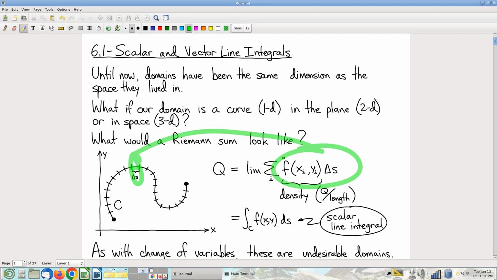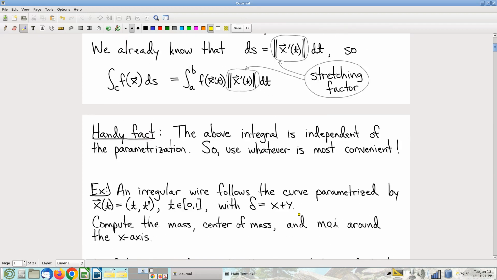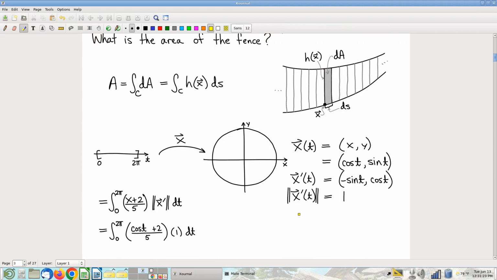It's the usual construction. And then we add up over the entire domain, namely we add up over all of the pieces. So again, morally equivalent to what we've done in previous Riemann sums. So we get a new kind of integral, scalar line integral, and then there was some discussion about how to compute these things, and we did several examples.